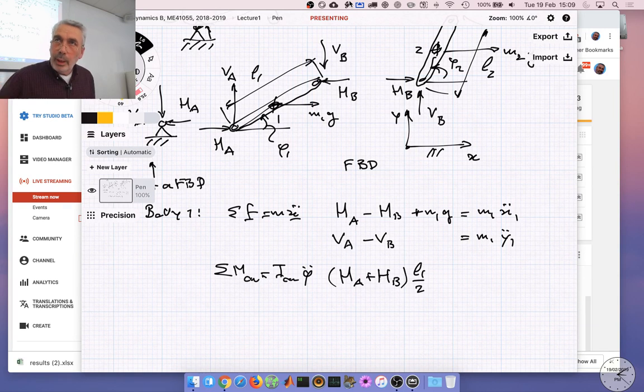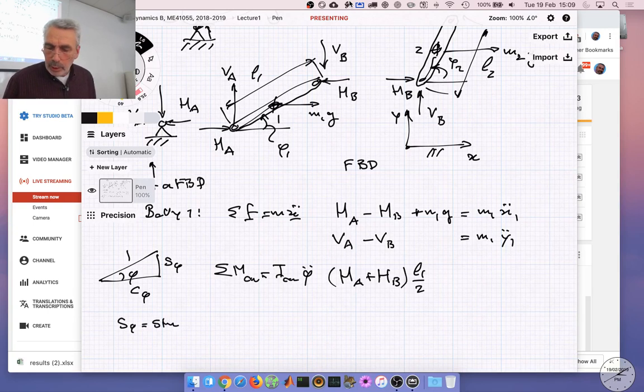And it is not so difficult. If you have an angle phi here, then this is sine phi and this is cosine phi, if this length is 1. That's the only thing you have to remember. And also that I use a shorthand notation. So S phi means sine of angle phi.